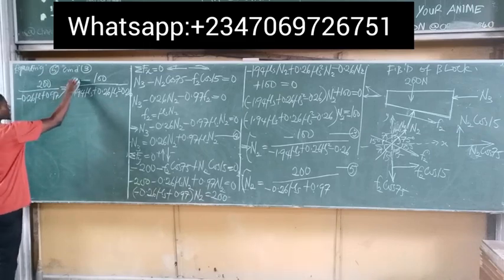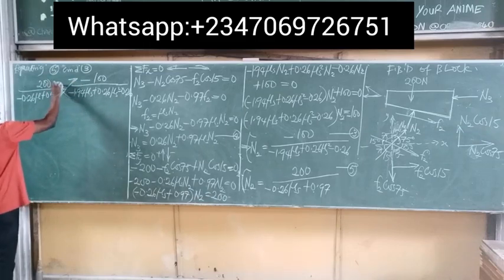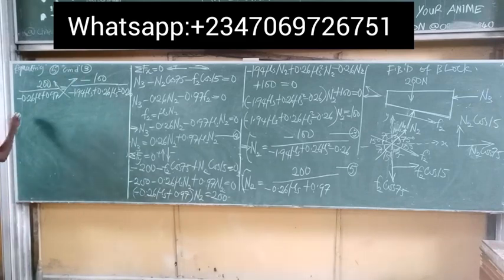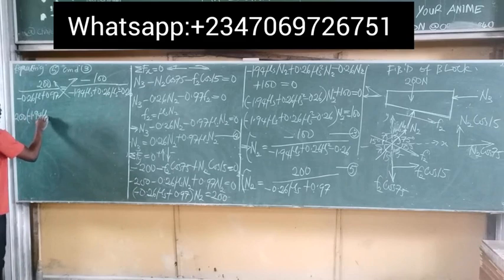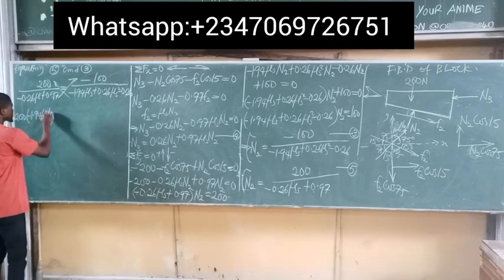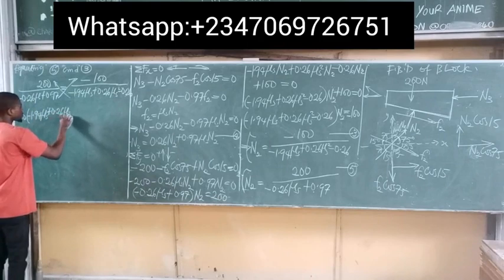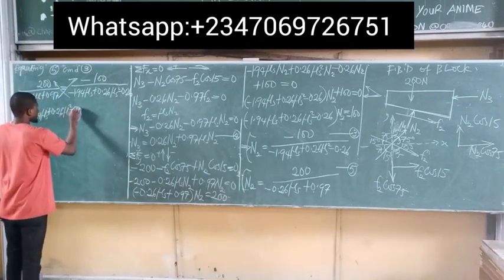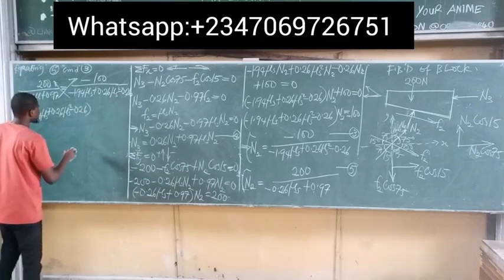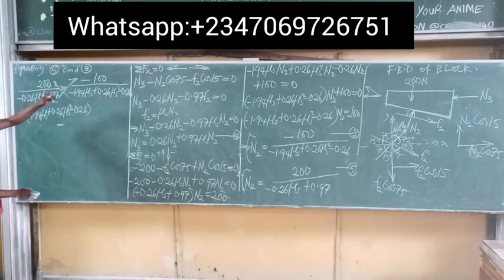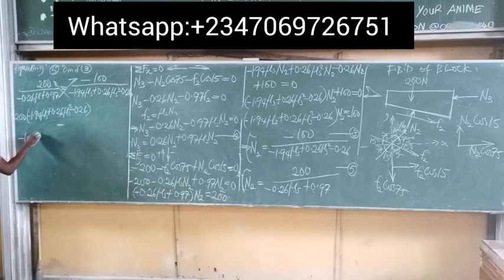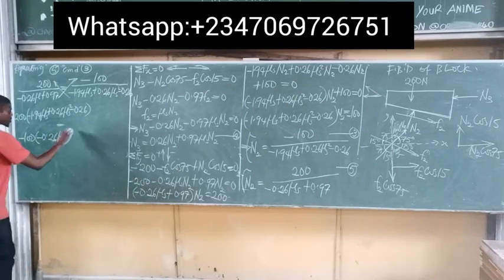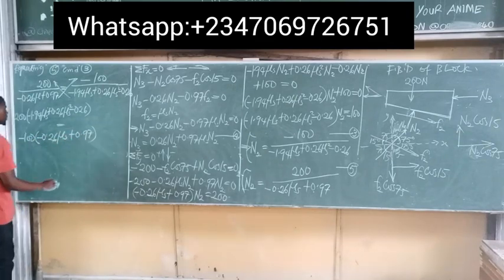Let everything here multiply this top, and let everything here multiply this top. If you cross multiply, you have 200 multiplying everything down here: minus 1.94 mu x plus 0.26 mu x squared minus 0.26, and that is equal to minus 100 into minus 0.26 mu x plus 0.97.